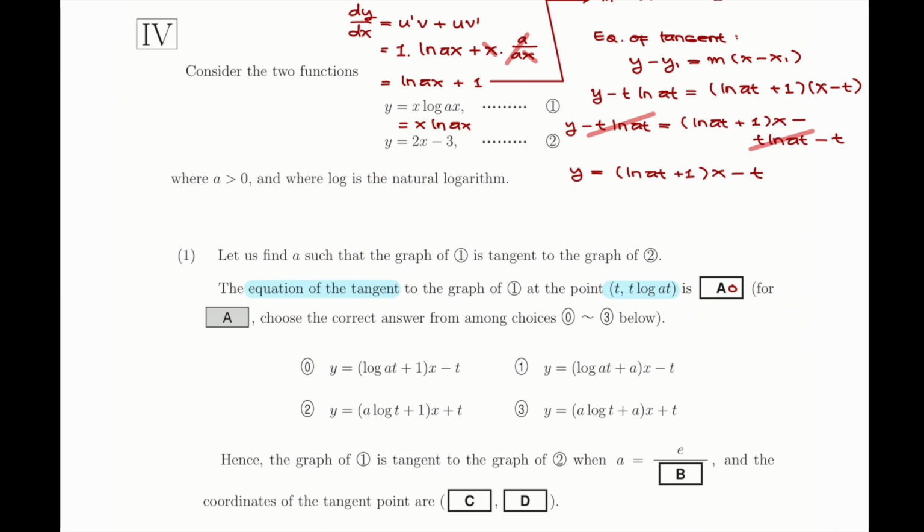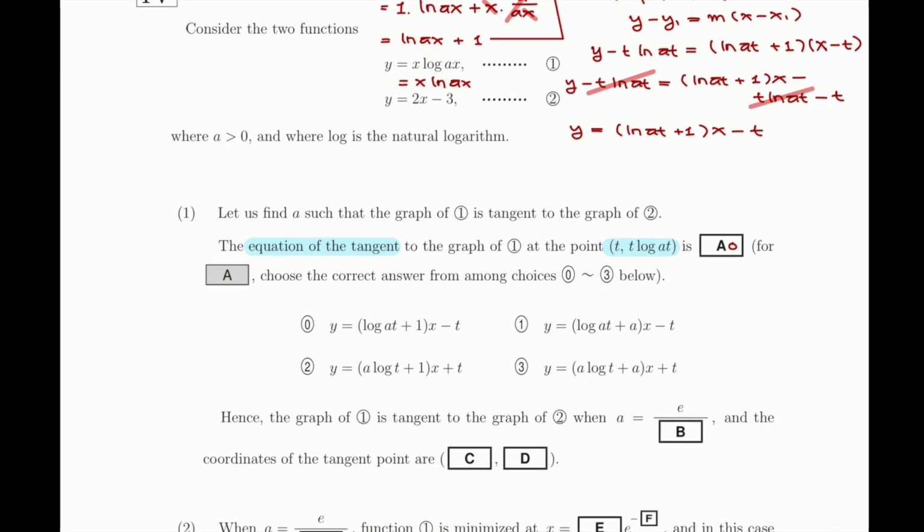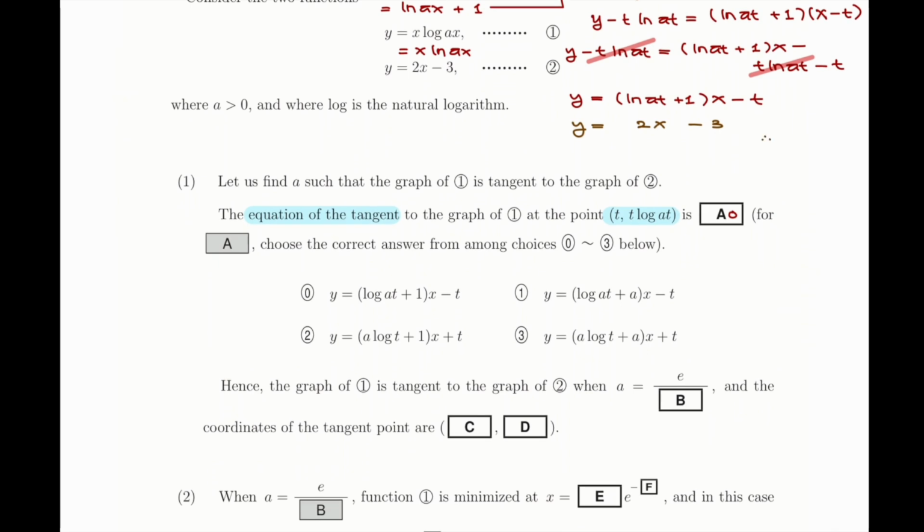So, by comparing these two equations, y equals 2x minus 3, I can directly know that t is equal to 3 by using comparison. So t equals 3, as you can see here, and then ln at plus 1 is equal to 2.